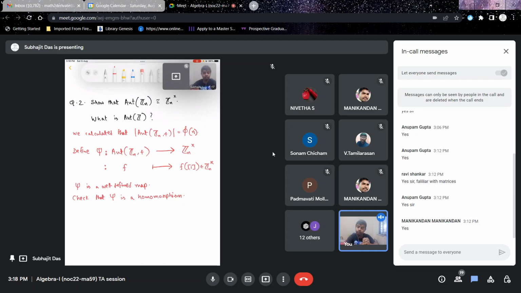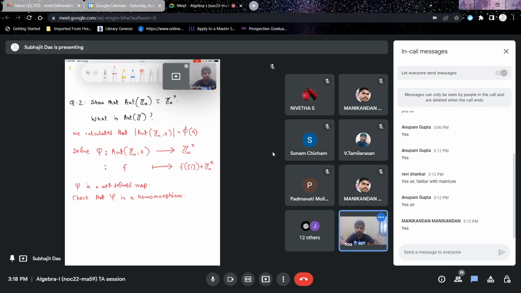Now here I would mention a small trick that you often use, which is to observe that the domain of this map, Aut Zn, and the codomain Zn star are both finite sets, right? And both have the same cardinality. So if you want to show that the map Psi is bijective, it is enough to show that the map is injective, or it is enough to show that the map is surjective.